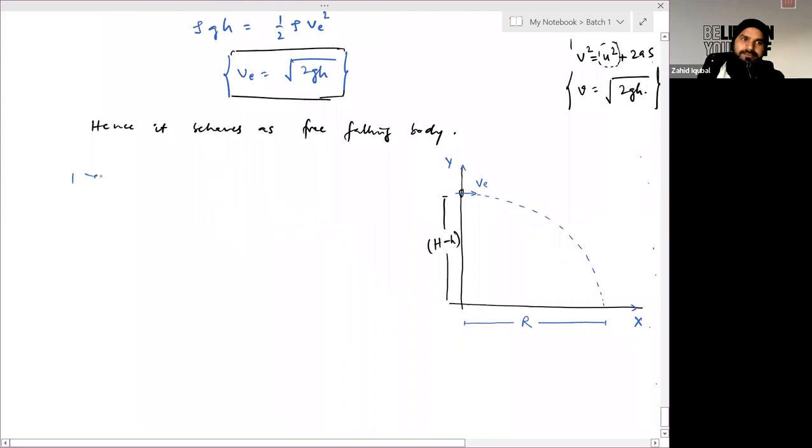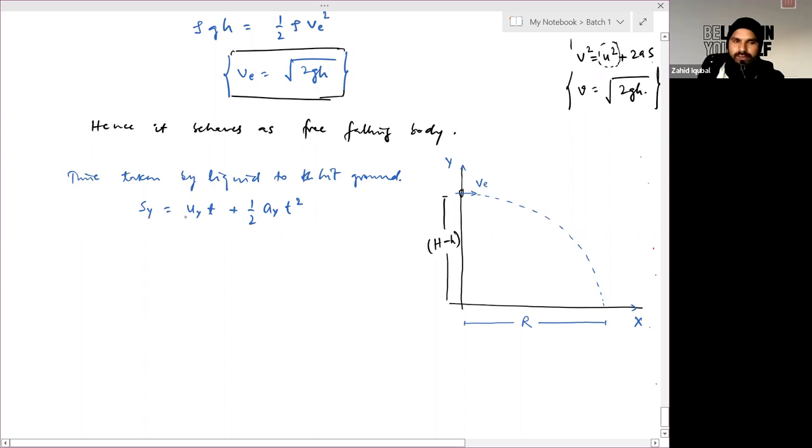So the time taken by the liquid to hit the ground. According to the equation of motion, S equals ut plus half at squared.